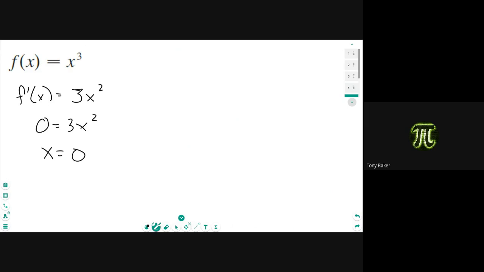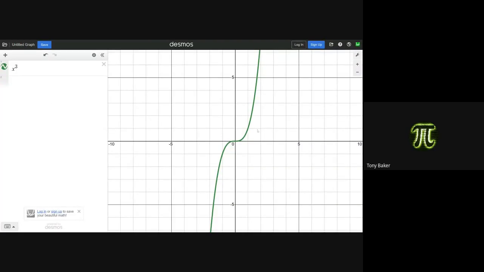Well, let's see. There's my graph. If I graph x to the third, that's what it looks like, right?